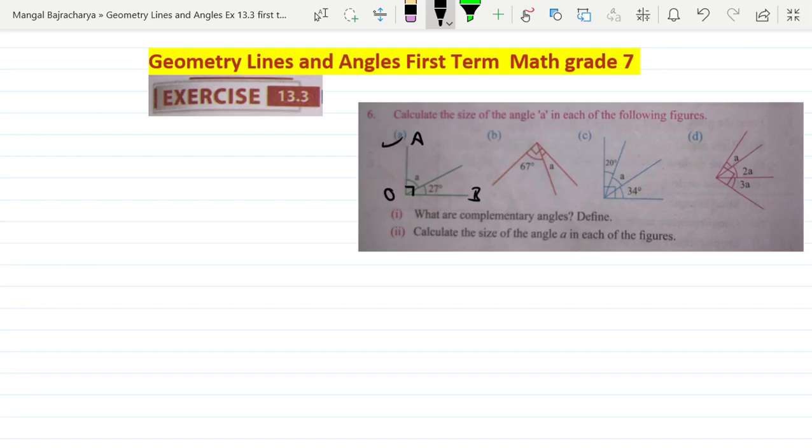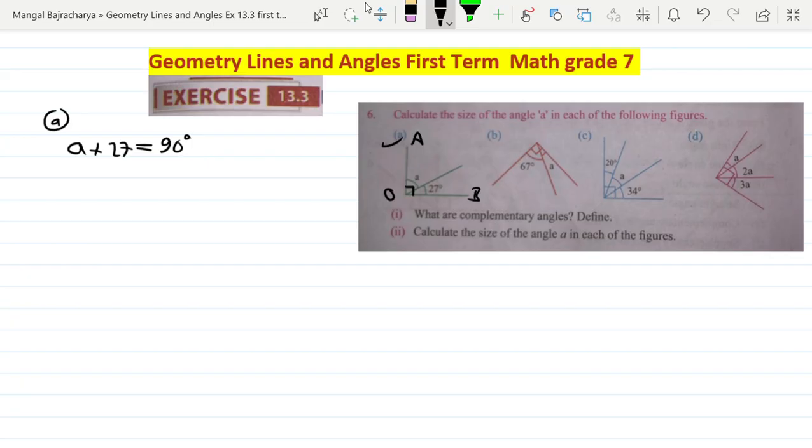As this whole angle AOB is 90 degrees, these split angles A and 27 should also sum to 90 degrees, so we use that here very easily. So A plus 27 equal to 90 degrees, and we provide the reason: complementary angles. I'm not writing it, you may write it there, but be very sure you understand this.